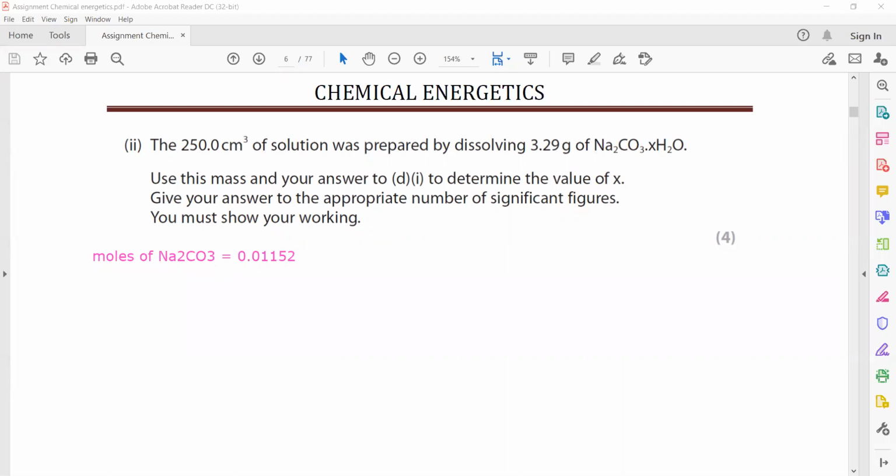Now using these moles, first we'll find the mass of sodium carbonate which was there in the solution, because they mentioned we took the total mass. This was the total mass of hydrated sodium carbonate. So first we'll find the mass of sodium carbonate in it. To get the mass of sodium carbonate, we have the moles and we have the molar mass of sodium carbonate.